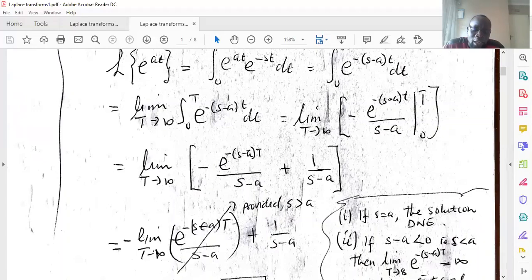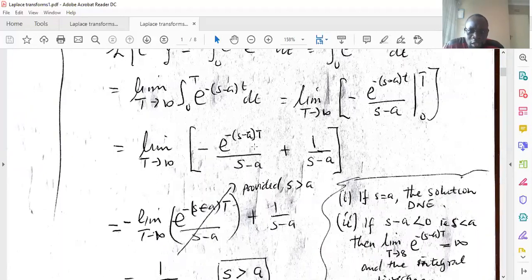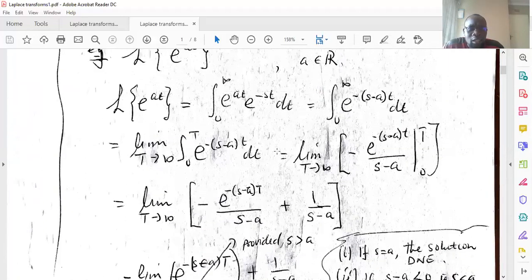Now, again, there are 3 conditions that you can consider. If s is equal to a, then you can see that this integral will not be defined. It will not converge, it will diverge. Once it diverges, then it doesn't define a Laplace transform.